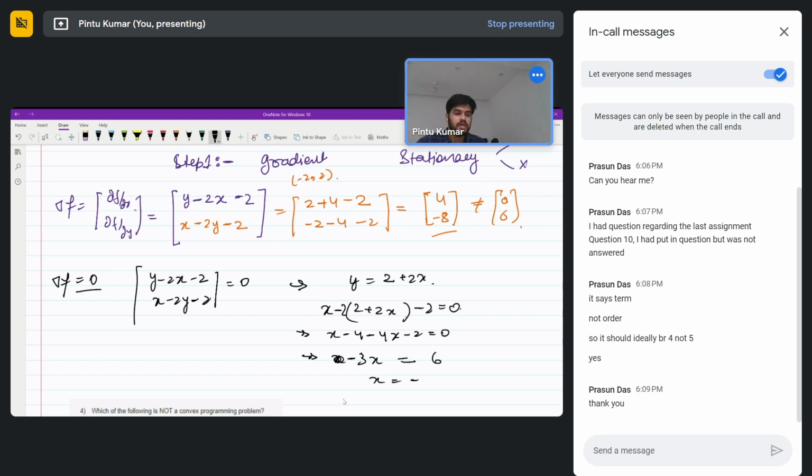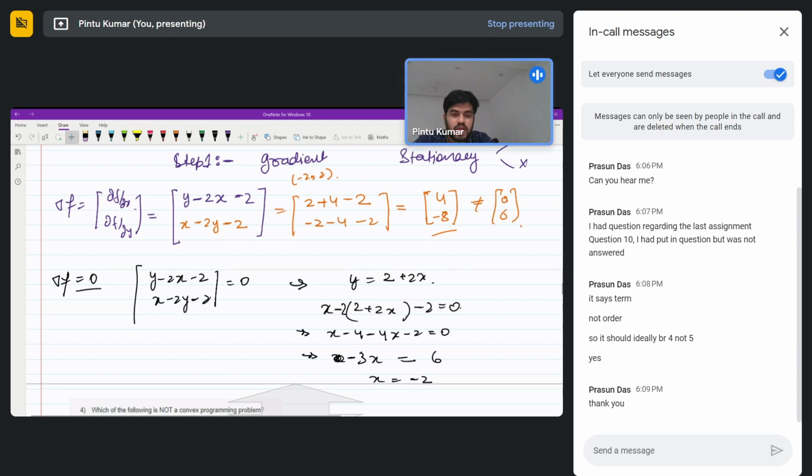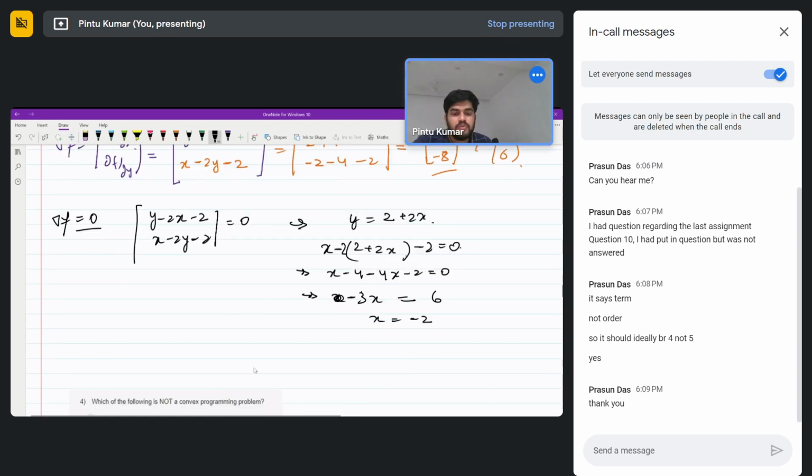X would be minus 2. Now we need to calculate the y coordinate. We calculated y to be 2 plus 2x. This is equal to 2 minus 4, that is again minus 2. So the point minus 2 comma minus 2 is a stationary point.